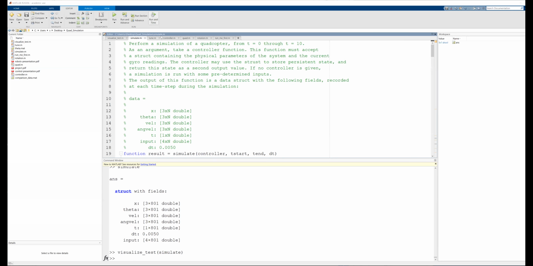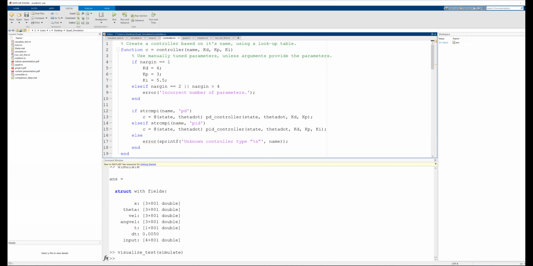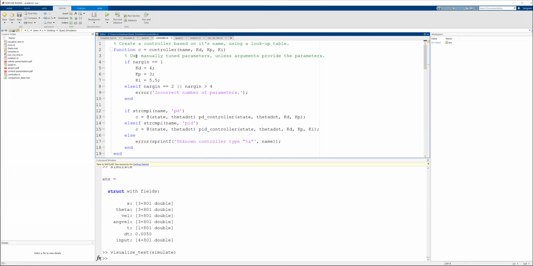So here, now let's look at the control. If you look at this control, step one is the type of controller. It could be the proportional control, it could be the PID control, or it could be just PD control.